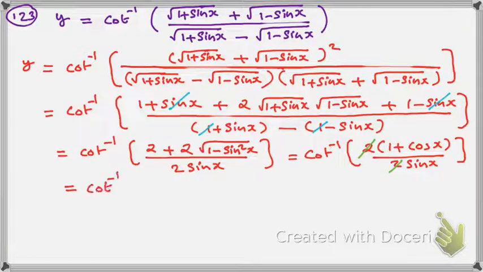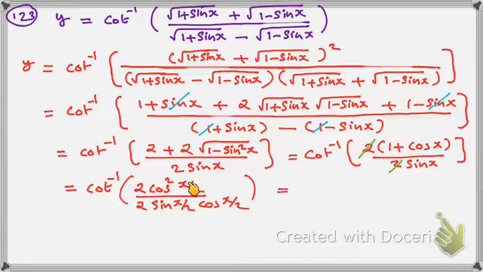So I have cot inverse of 1 plus cos x, but 1 plus cos x is 2 cos square x by 2. Sin x is 2 sin x by 2 cos x by 2.